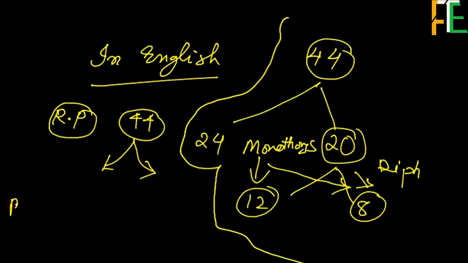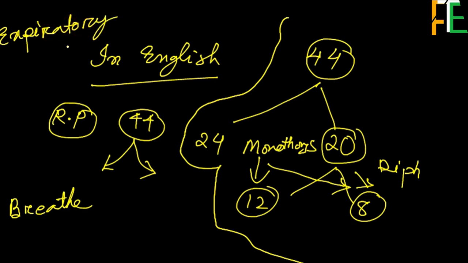That is the importance of the expiratory lung air. Without the expiratory lung air, we cannot produce a single sound in English and most of the major languages in the world.